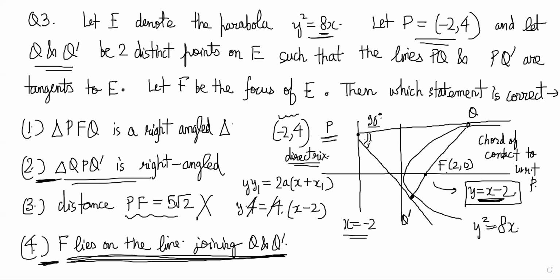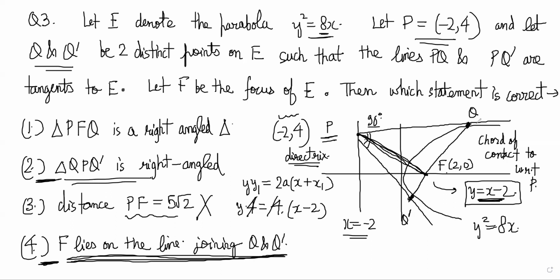And now we have to check whether PFQ is right angled or not, right? We join P and F and we check whether PFQ is right angled or not. So that is also pretty easy. What we can do is use parametric forms to find this point and this point.